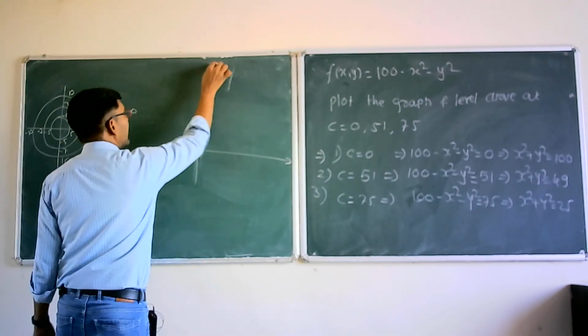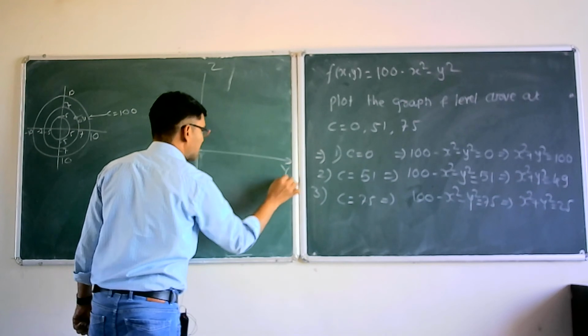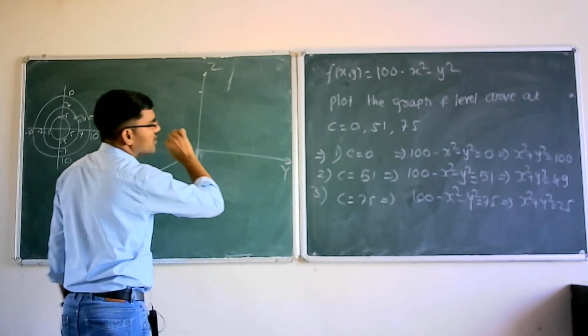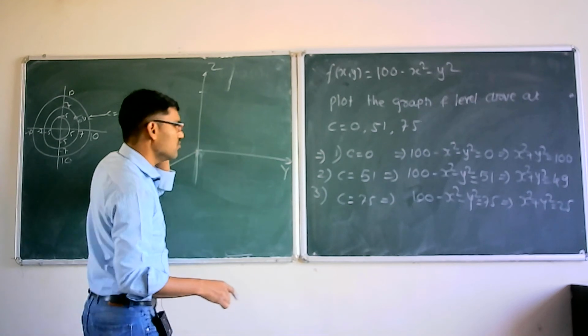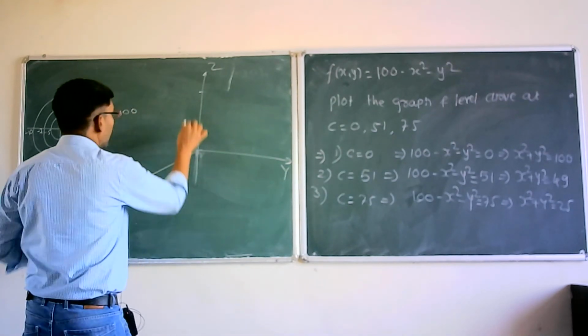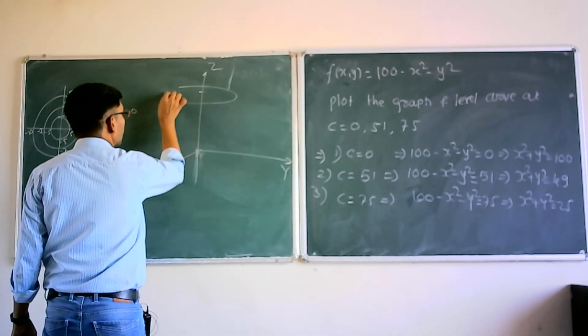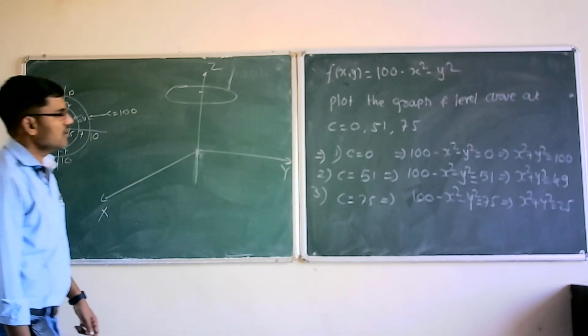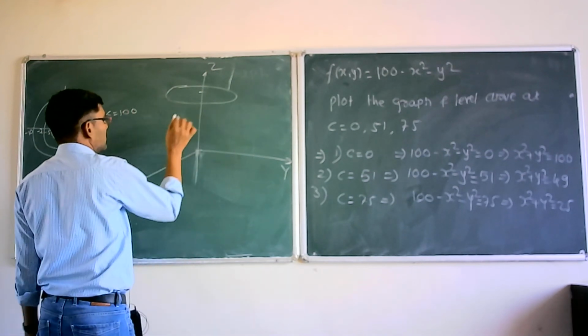Suppose here z axis, y axis, x axis. First circle is radius 10, at c is equal to 0.